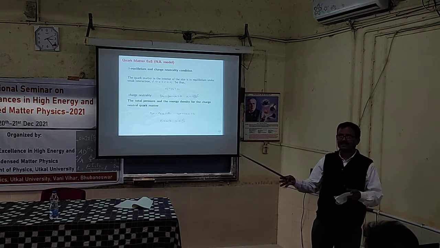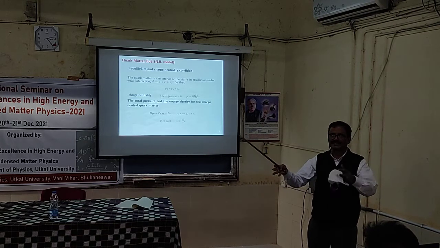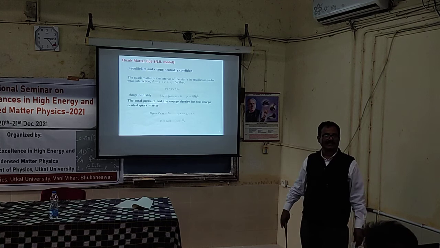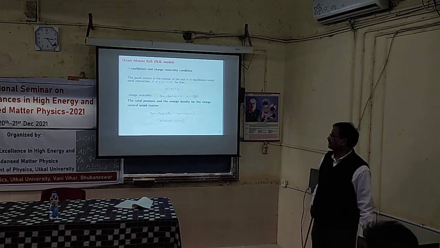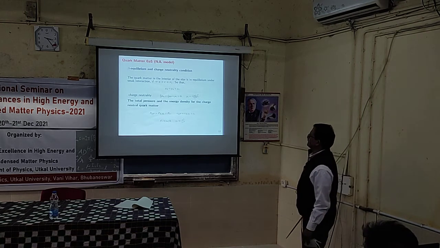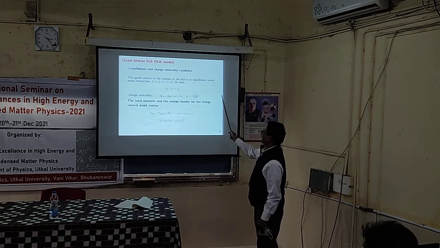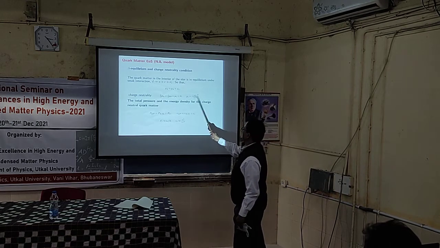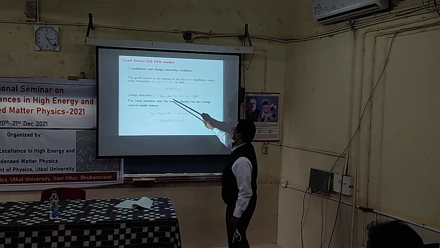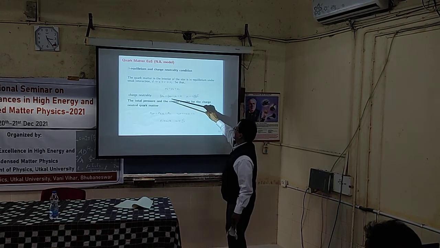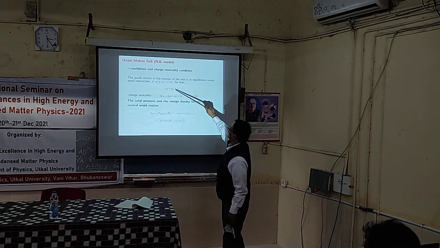Neutron stars are neutral; they don't have an electric charge. So you should put in that condition as the beta equilibrium and charge neutrality condition. This is the charge neutrality condition, and this is the beta equilibrium condition.